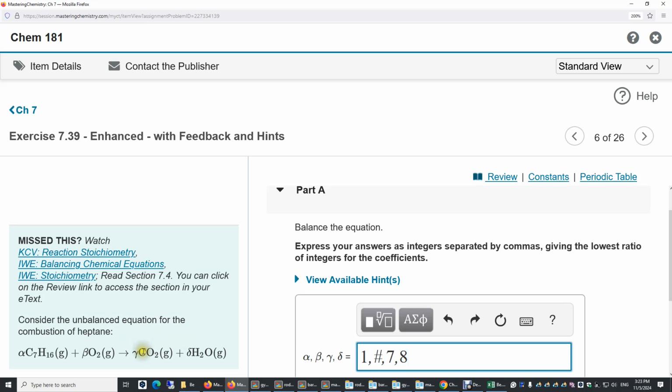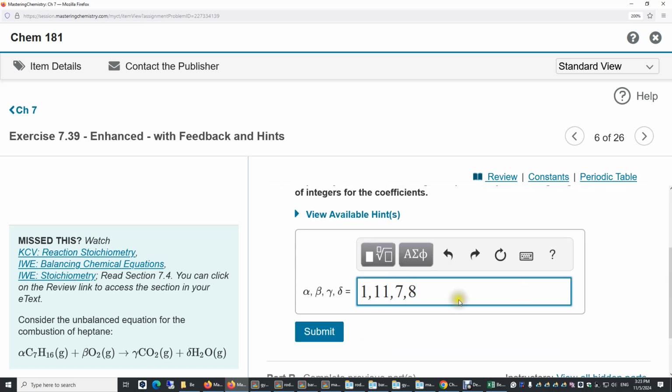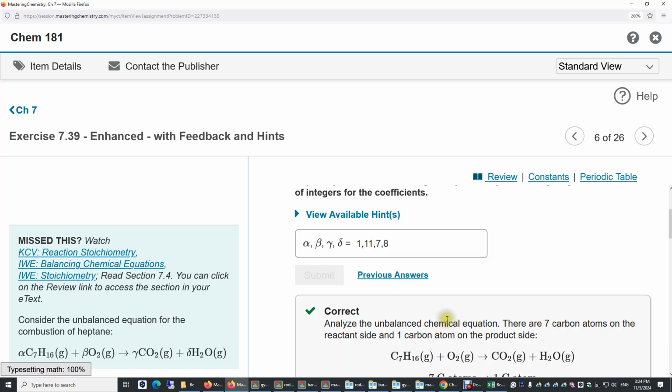Therefore, we have a total of 22 oxygen atoms on the right. We need also 22 oxygen atoms on the left. Therefore, beta has to be 11. Now let's check. Those are integers and they do not have any common factor, so we'll just submit our answers.